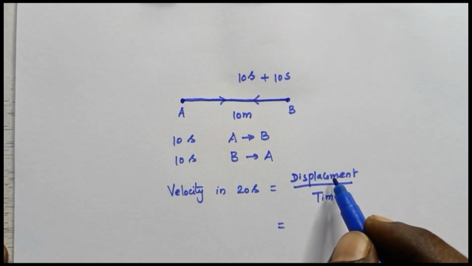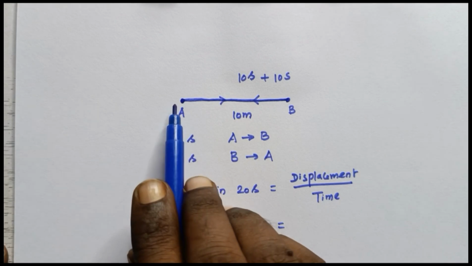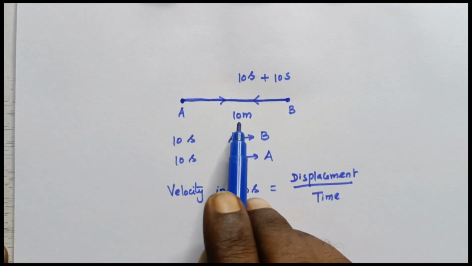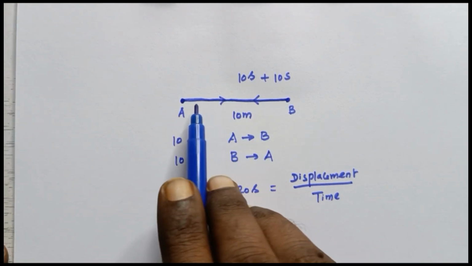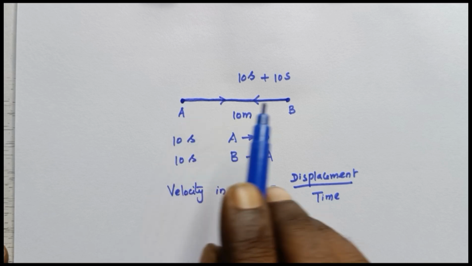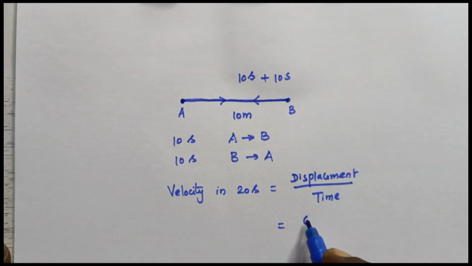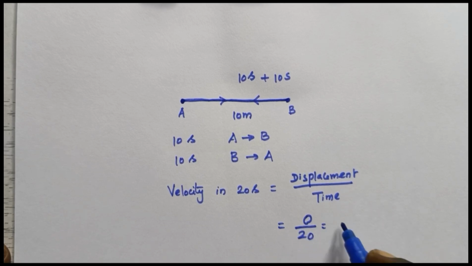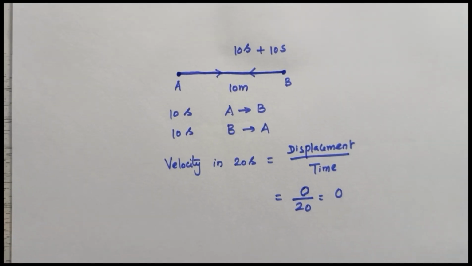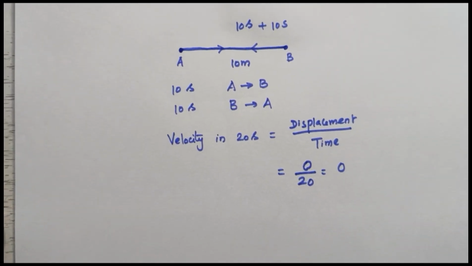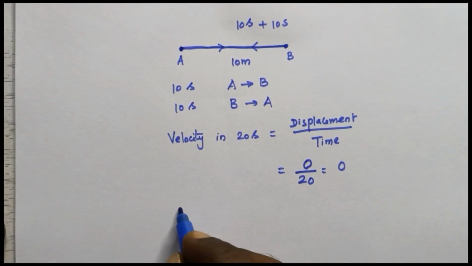So what is the displacement? Displacement is initially it has displaced 10 meter and after that it has displaced 10 meter in the opposite direction. So the net displacement is 0. The time is 20 seconds. So this is equal to 0. The velocity is 0.